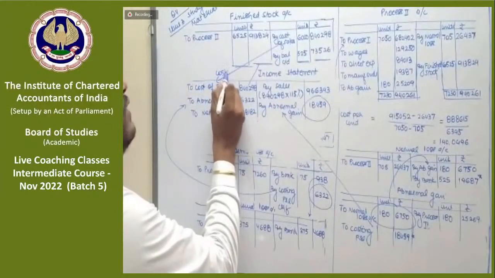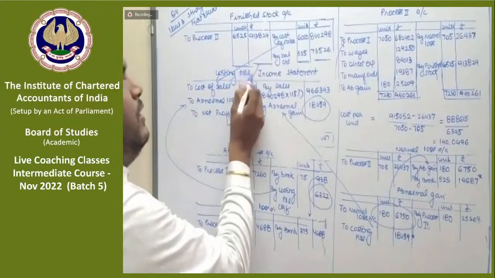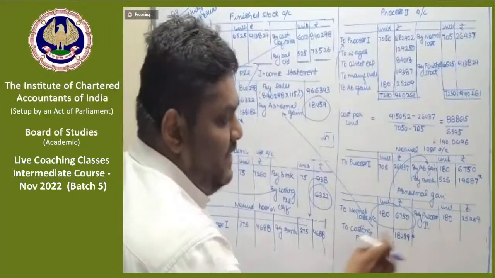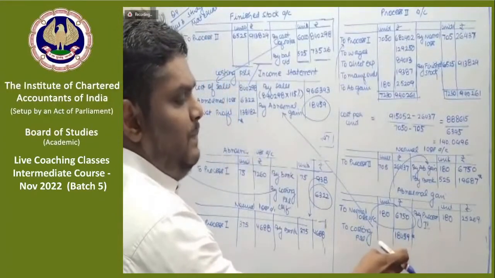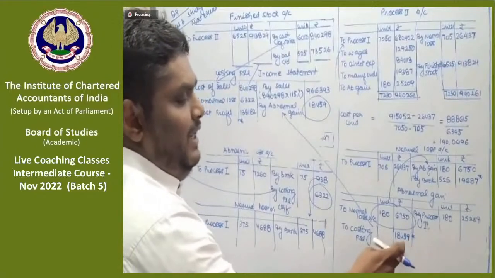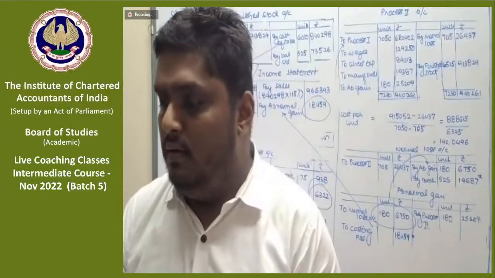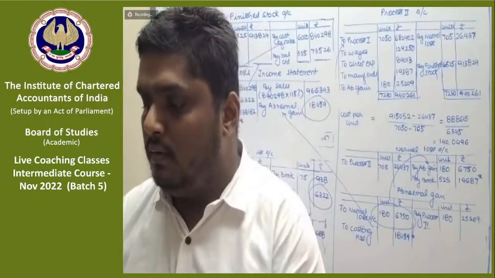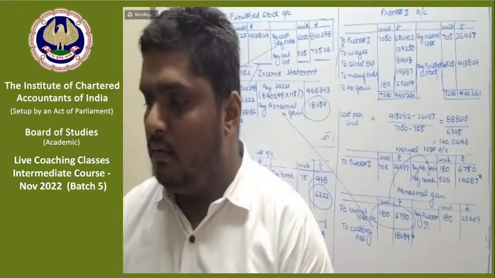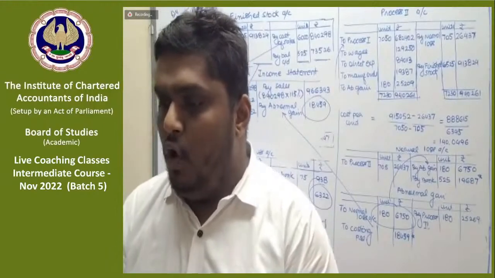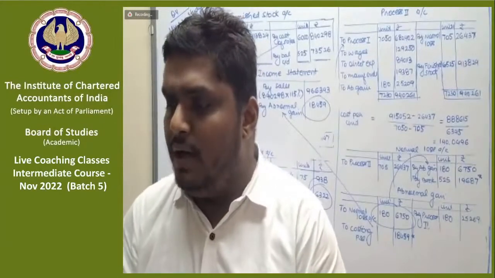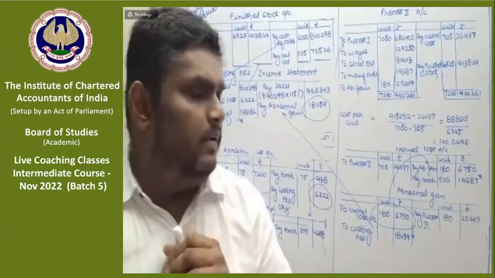It is only a costing P&L account. The balancing figure 18,459 is only transferred to costing P&L. Hopefully, Sushil, you are clear with what I have said.